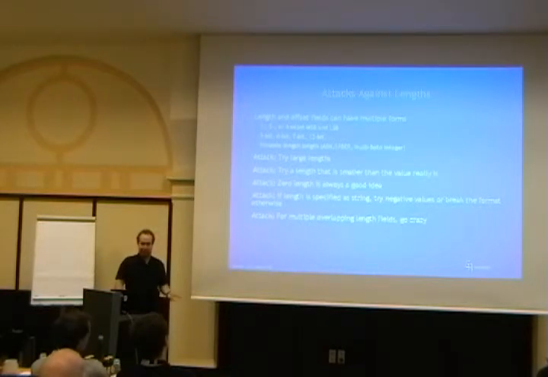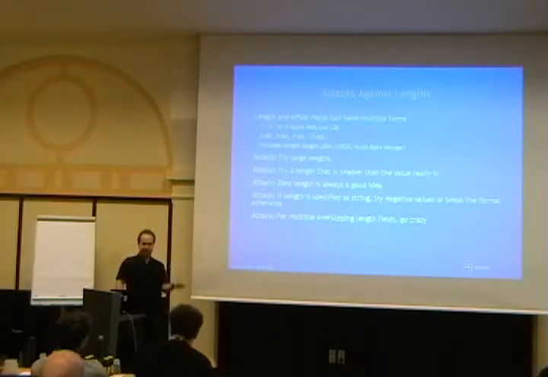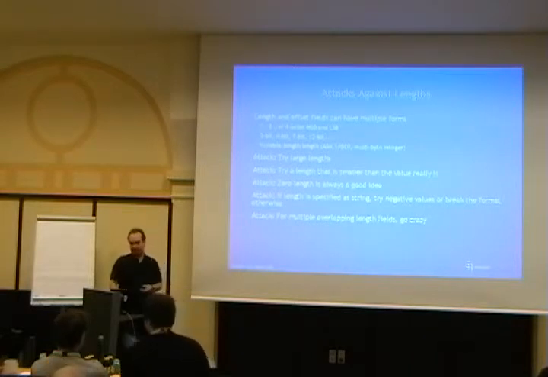Whenever you know that there is a length specified somewhere, you should obviously try very large lengths. Try very small lengths. Break the dependency between what is in the value and what is specified in the length. So you can try for things like a very large length but a very small value, or you can try a very small length and a large value, those kinds of things.